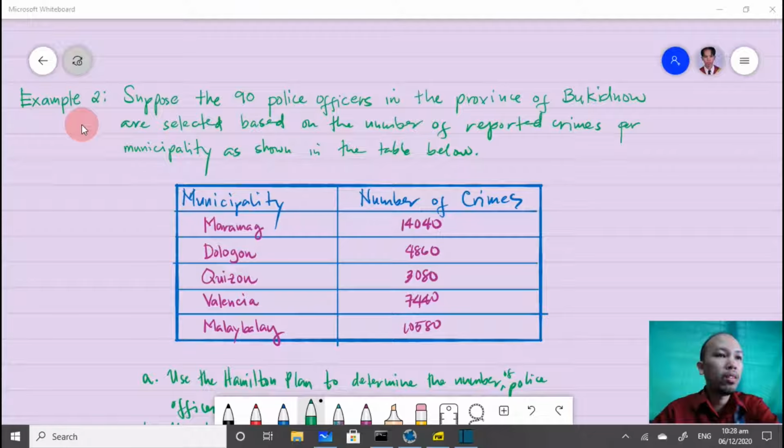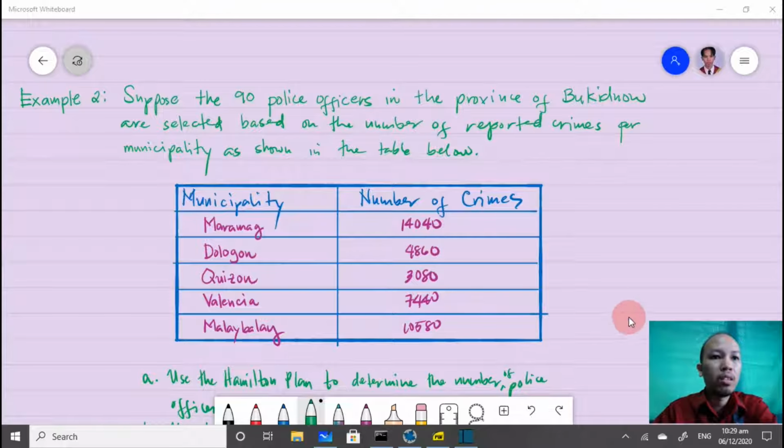Example number 2: suppose 90 police officers in the province of Bukidnon are to be assigned based on the number of reported crimes per municipality as shown in the table below. We have here Maramag, Dulugon, Quezon, Valencia, and Malaybalay. These are the number of reported crimes.